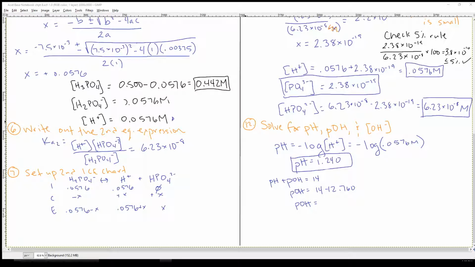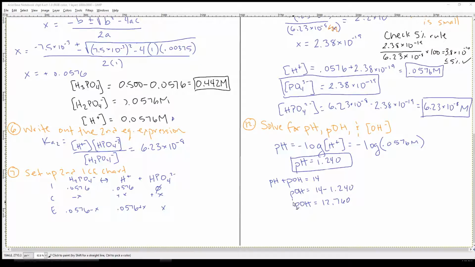My apologies, chemistry students. There. Okay. So we'd have 14 minus 1.240, which would give you a pOH of 12.760. That's where I got the number from.